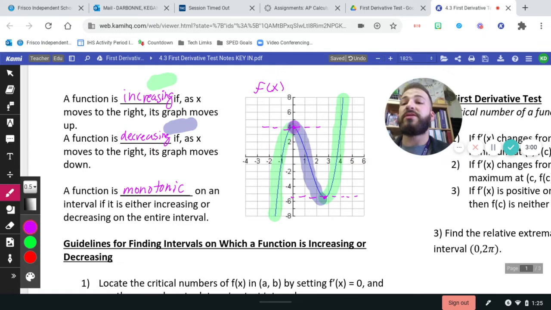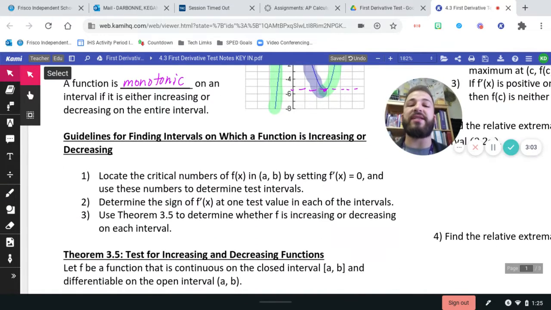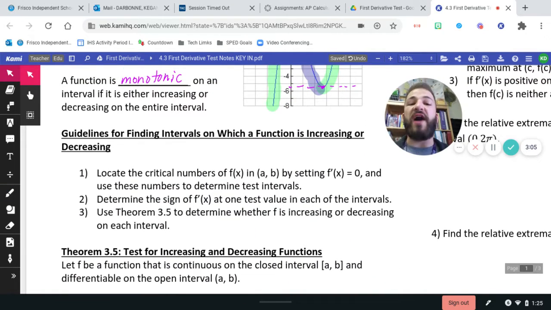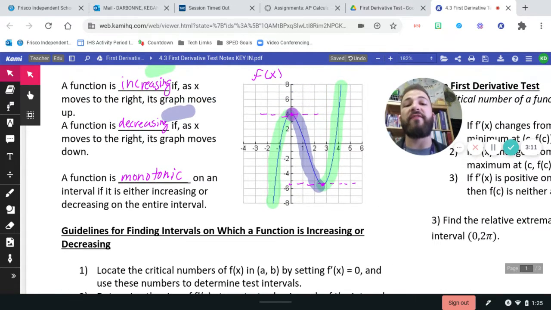To actually find those increasing and decreasing intervals, we're going to find the critical numbers by setting our derivative equal to 0, and then we're going to set up test intervals. Just like on this graph, wherever I have a critical number, that's going to create an interval: between negative infinity and 0, 0 to about 2.5, and then 2.5 to infinity.